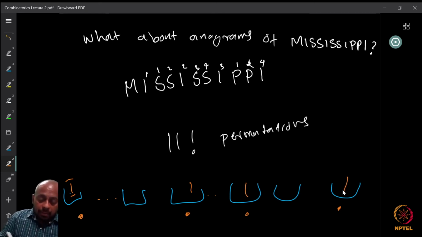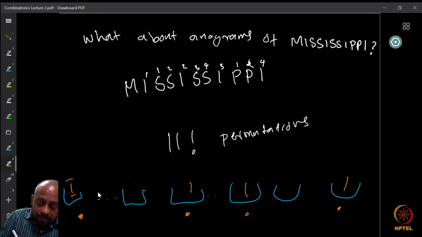Now, I don't change the positions of the I's in the word, but between I1, I2, I3, I4, I can permute them any way I want. So the 4 I's can be permuted in 4 factorial different ways, and each of the 4 factorial permutations that I obtained by labeling them is going to give the same unlabeled word, where I's are all identical.